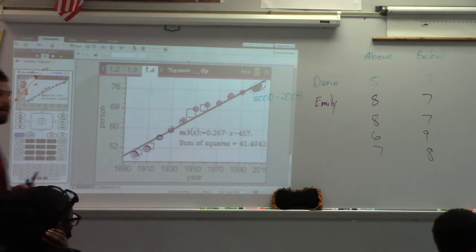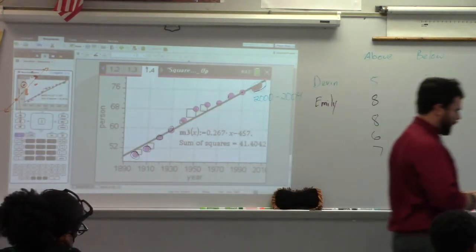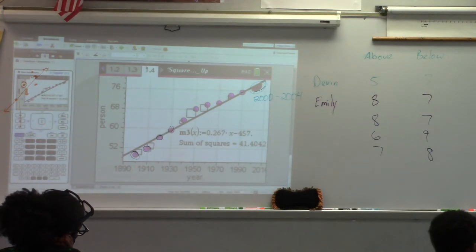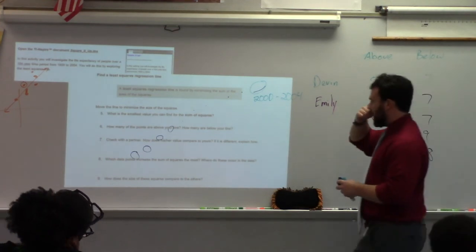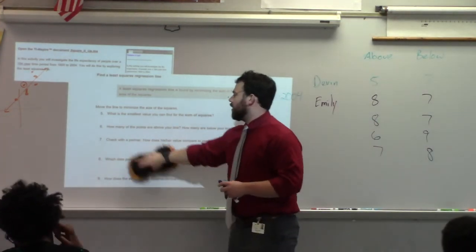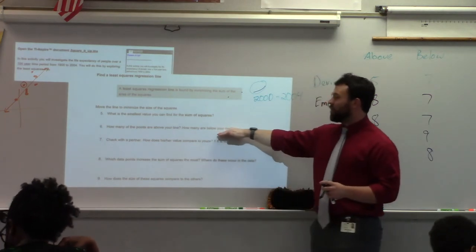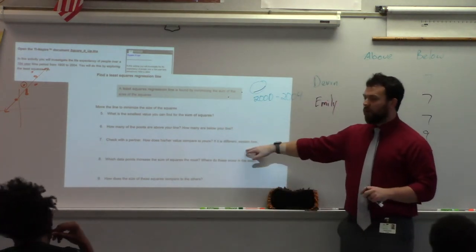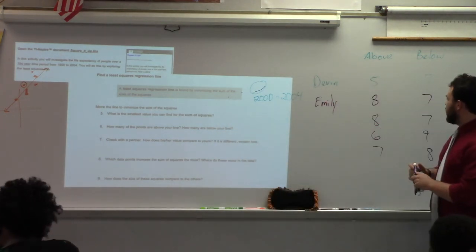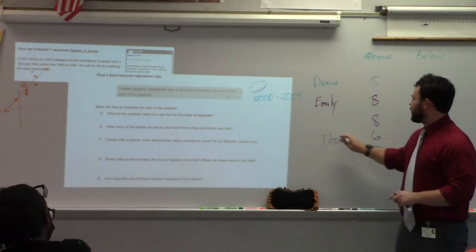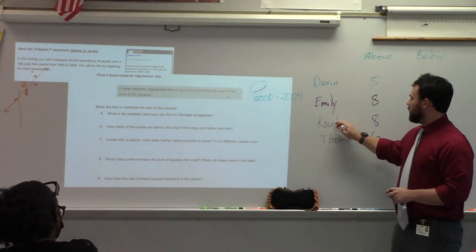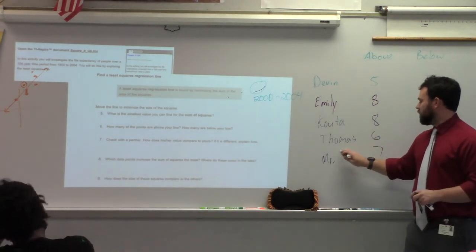Okay. So what should we put here, right? And so you should have 5, 6, and 7 written down. So write down how many points you have above and below. Check with a partner, and copy down one of these. I think this was Thomas, I think this was Coda, and this was Mr. Kenny.